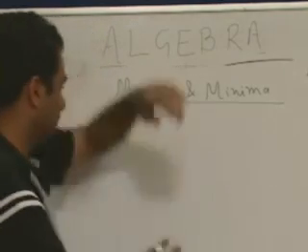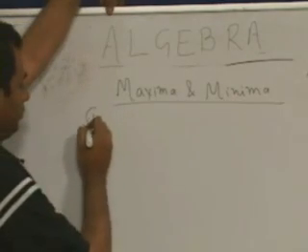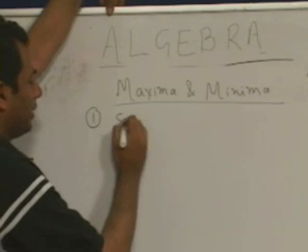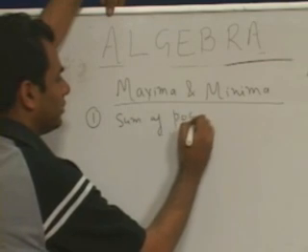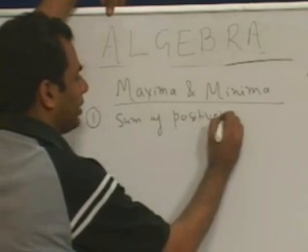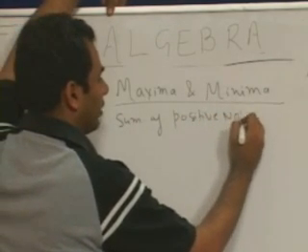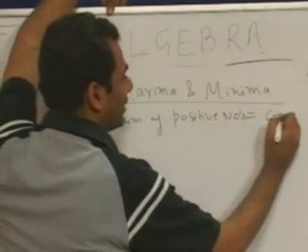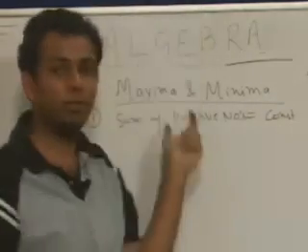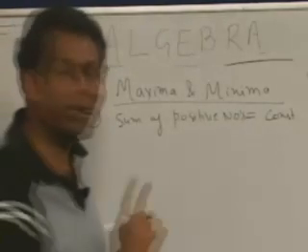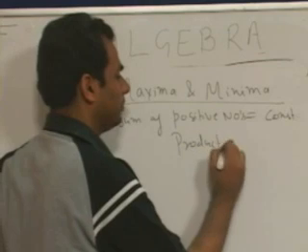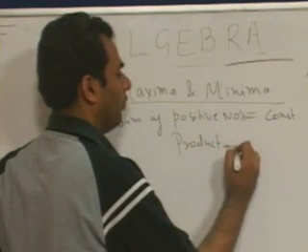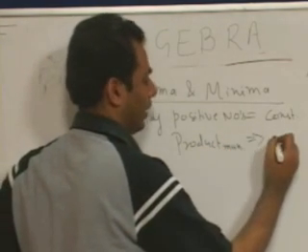The first thing is that if the sum of positive numbers is constant, then their product is maximum when all the numbers are equal.